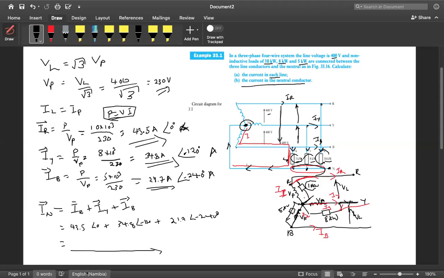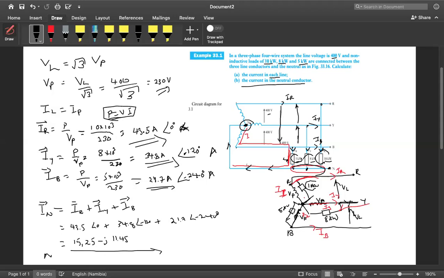If you solve that, you're going to have 15.25, then minus j 11.45.